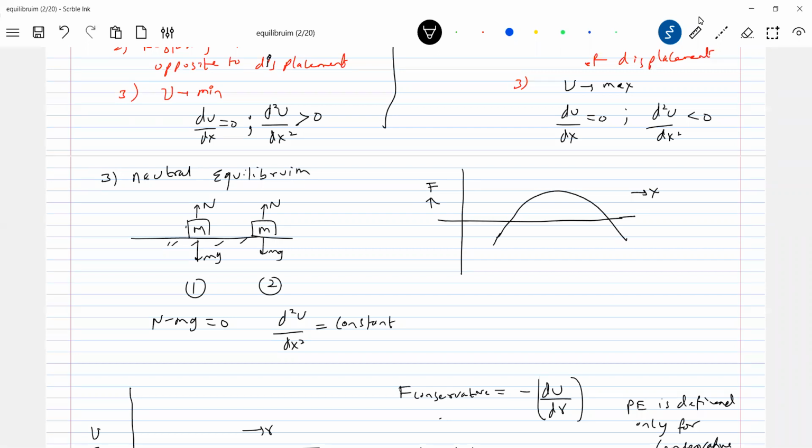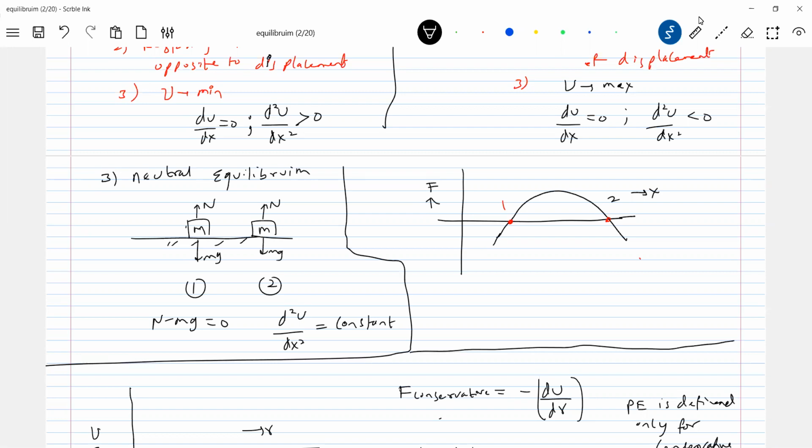So what is the condition for equilibrium? Net force must be 0. So there are 2 points, I'm locating one and the other. Where is equilibrium possible? At 1 and 2: at 1 force is 0, at 2 force is also 0.